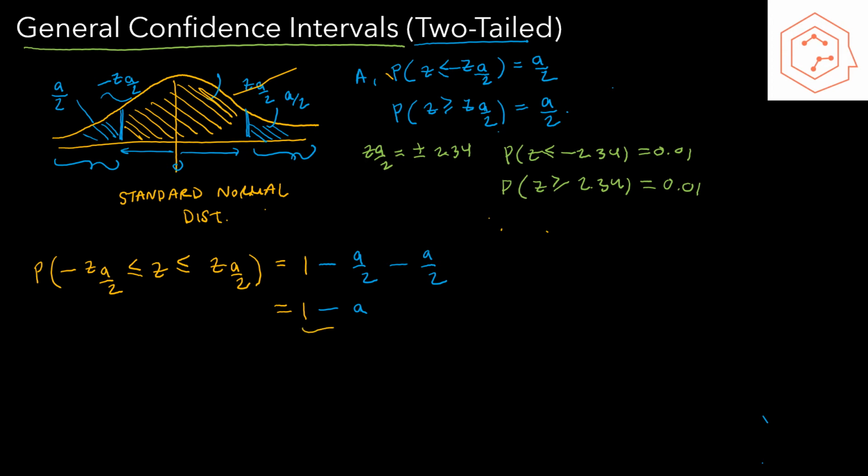You multiply whatever this is by 100%, and you'll get the percentage confidence that a random value is going to be within that interval. So to construct a (1 minus α) times 100% confidence interval, that's essentially saying you're going to go from negative zα/2 all the way to zα/2.